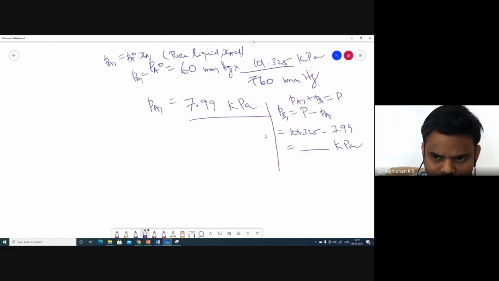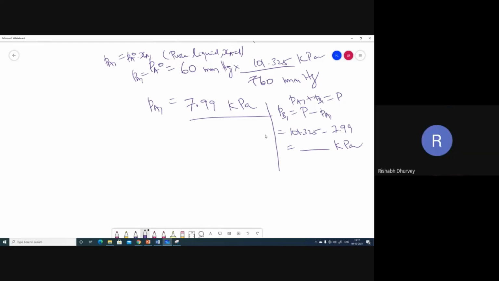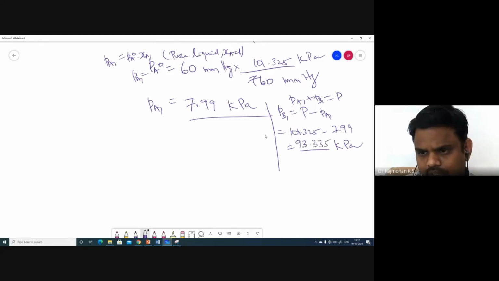What is that? 93.335 kilopascals. And we know that PA2 is, because at the free surface air is flowing, so it is negligible, 0. So PA2 is 0 means PB2 is total pressure minus PA2, which is again 101.325 kilopascal.